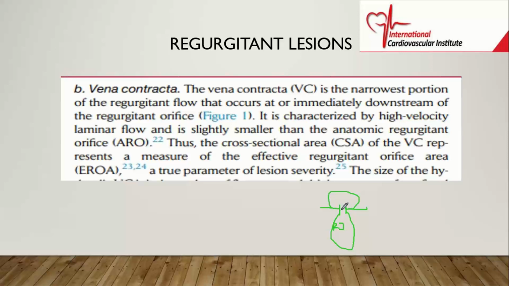The area of the vena contracta is actually the EROA, the effective regurgitant orifice area. Again, the vena contracta is the narrowest portion of the regurgitant flow that occurs at or immediately downstream of the regurgitant orifice.